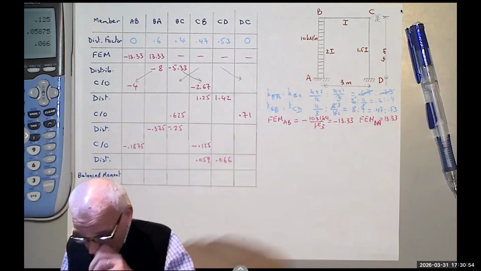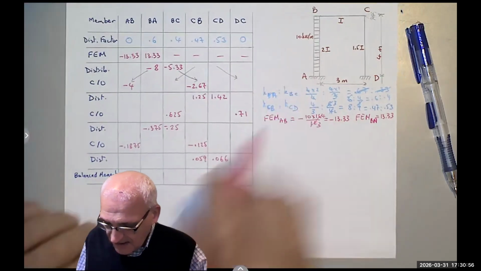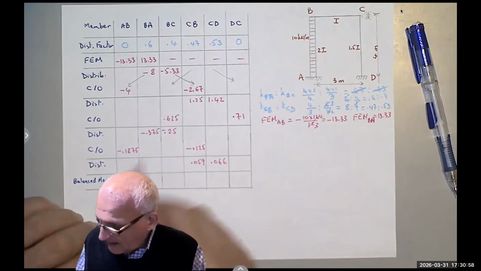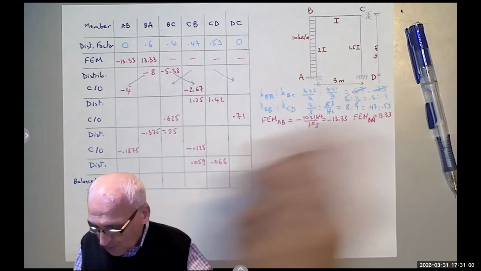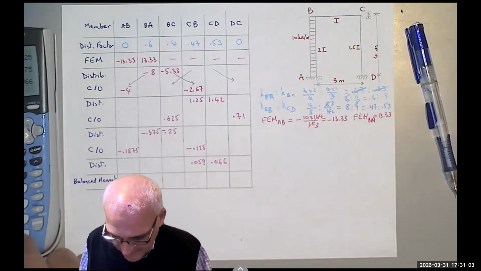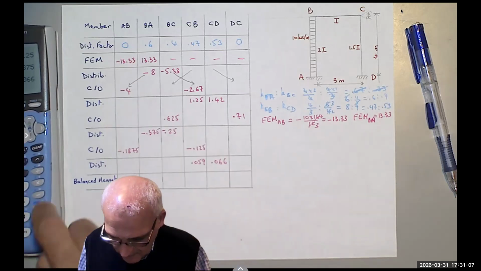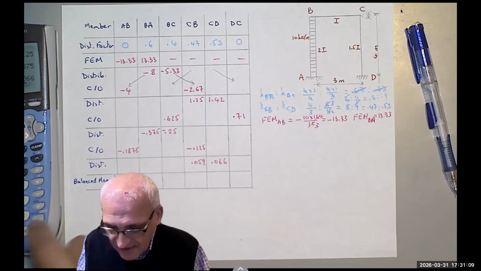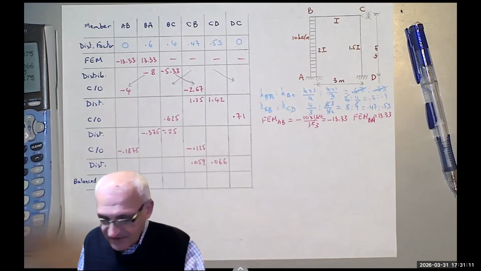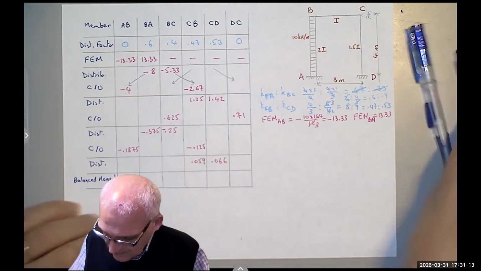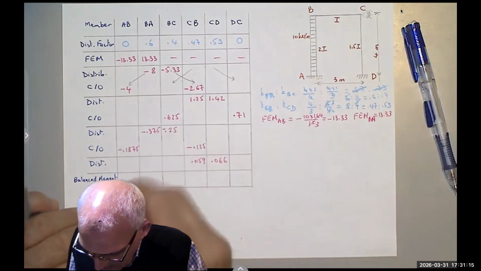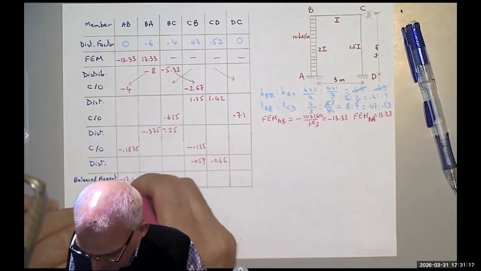Okay, so we are going to calculate here the balance moment. I have negative 13.33 minus 4 minus 0.1875. It's negative 17.52. Negative 17.52.